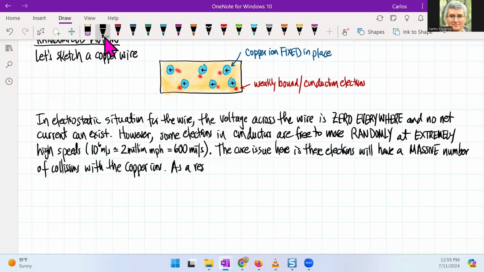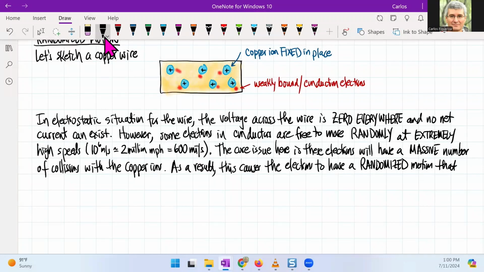As a result, this causes the electrons to have a randomized motion that effectively goes nowhere.